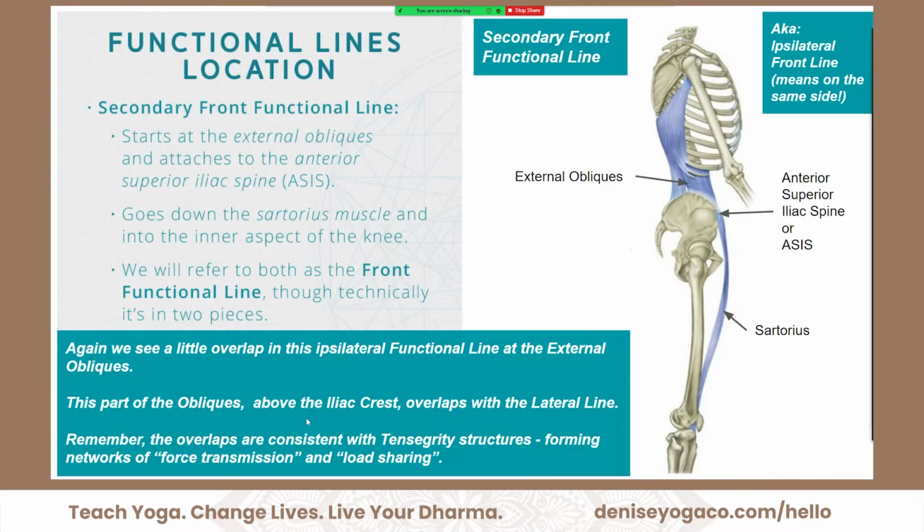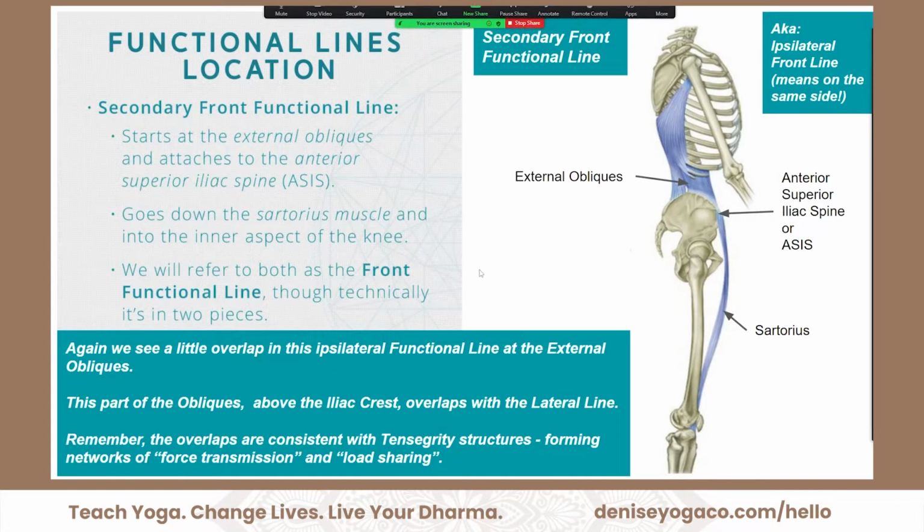And the other thing it helps is to share the load, right? So when we're working with any kind of resistance, or any effort is required, the body prefers to share the load throughout the system. That's why we distribute tension throughout the whole system. Okay, and these overlaps help that to happen. Okay, that's part of our tensegrity structure.